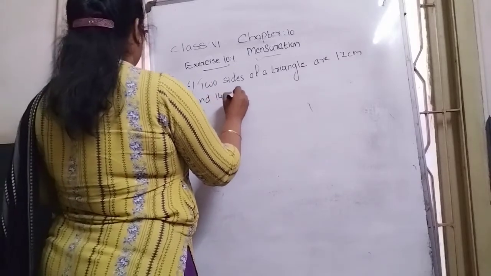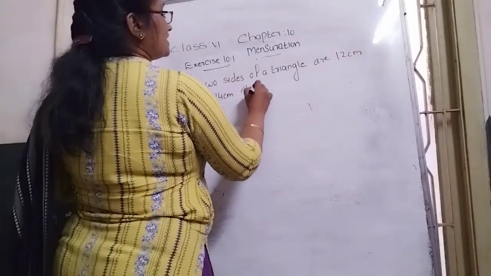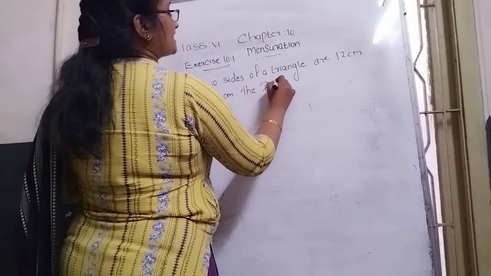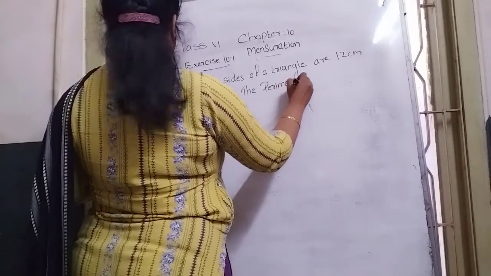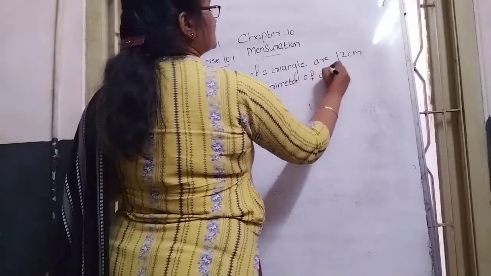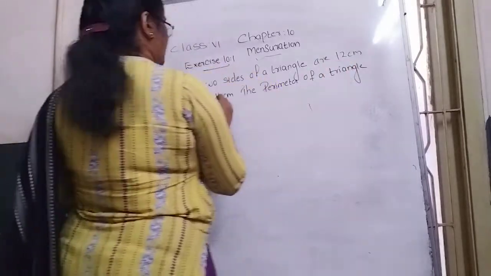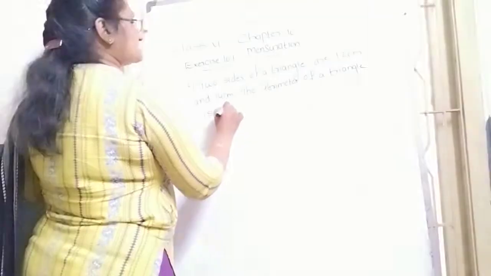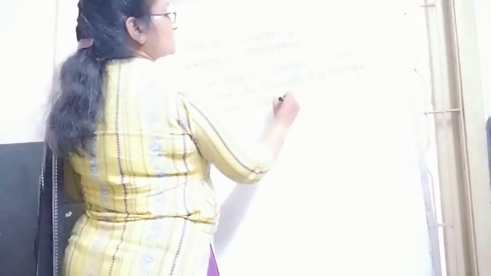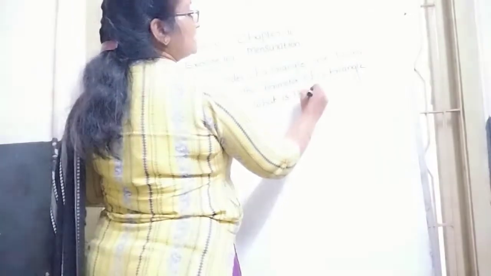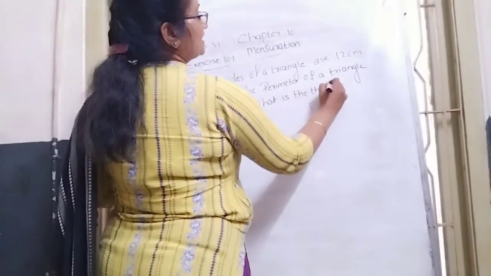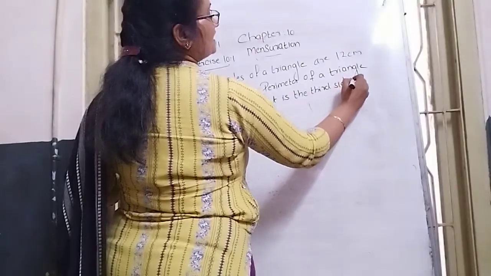Same way, the perimeter of the triangle is also given as 36 centimeter. What is the third side of the triangle? Find the third side.